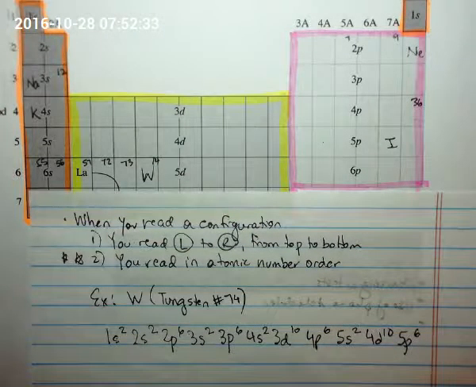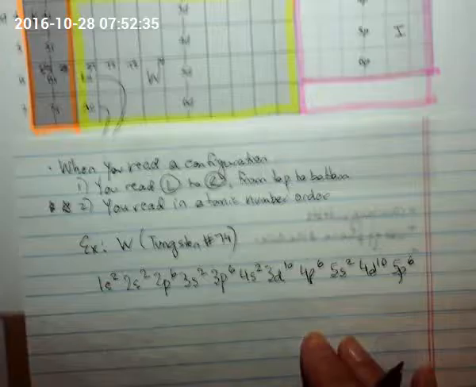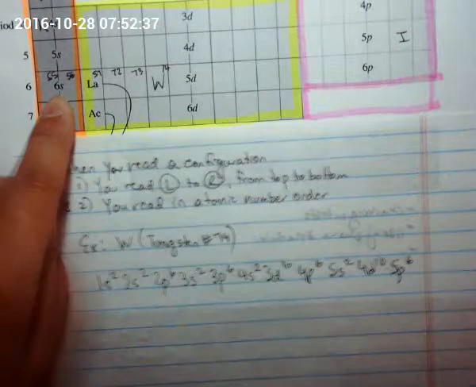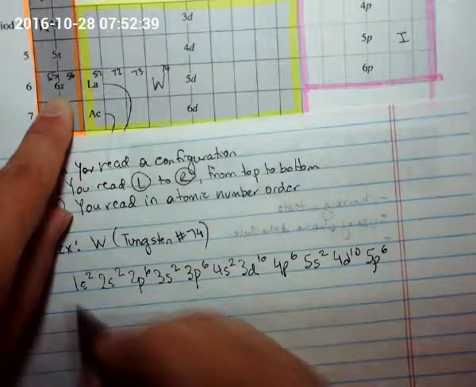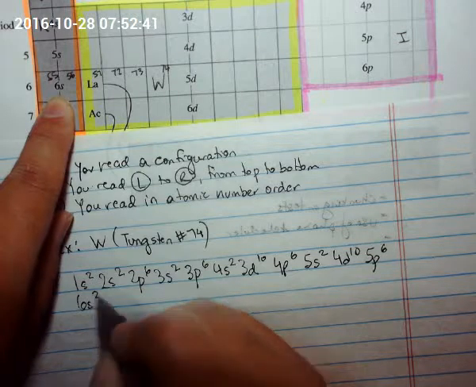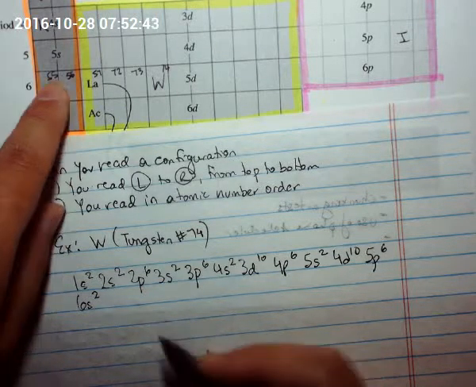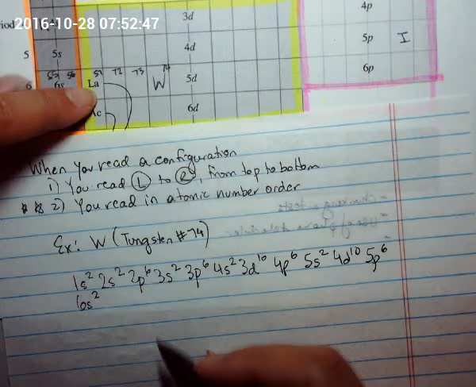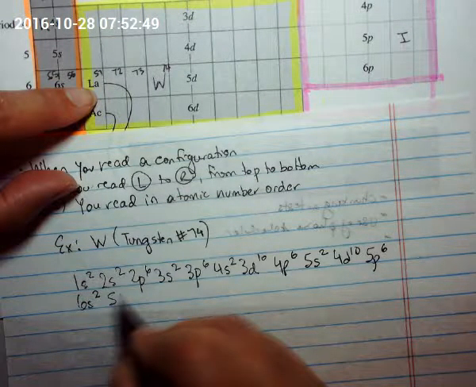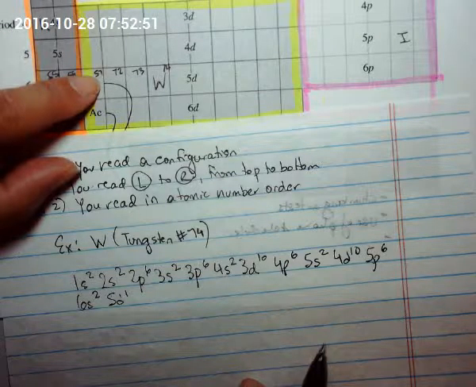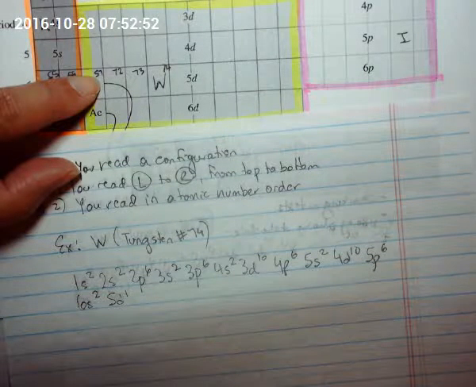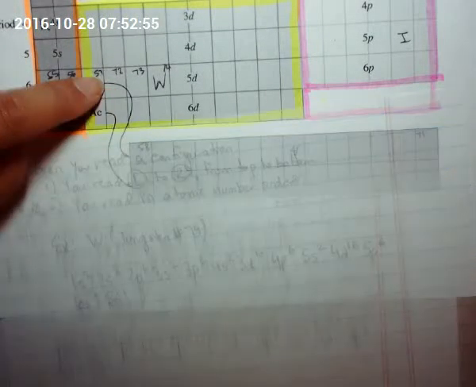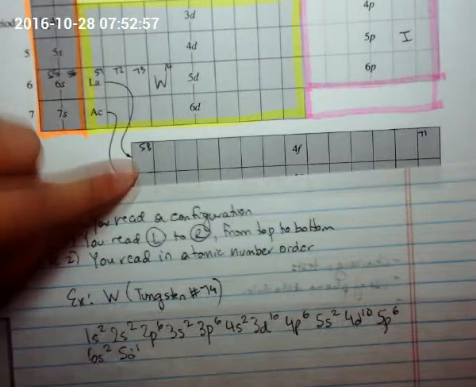And then, let me lift this so you can see. Over here, 6s, 2. So that's element number 55 and 56. Now we'll read 57, right? So what is that? 5d1. All right, and then what's next? Well, do I go to the right? No, where do I go? I shift down here, all right?